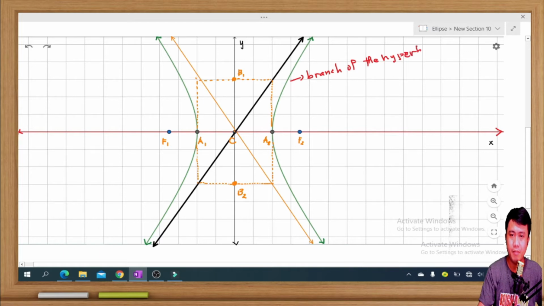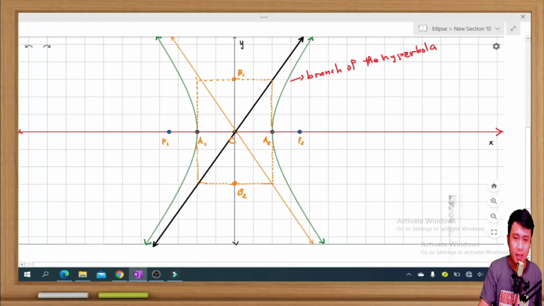Okay, and so as we see, of course, malinaw sa atin that these are our focus. Ito yung mga vertices natin, ba? Na-discuss natin kanina. And the point at the center is, of course, the center.